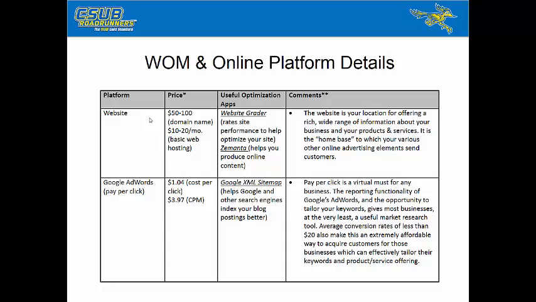A couple of useful apps that you can go to Google and download, or go to the App Store on your phone and download, are Website Grader, which basically rates the performance of your site to help optimize how it pops up in search results, how other people are perceiving your site. And then Zemanta helps to produce online content.